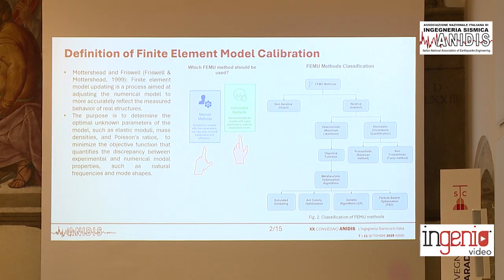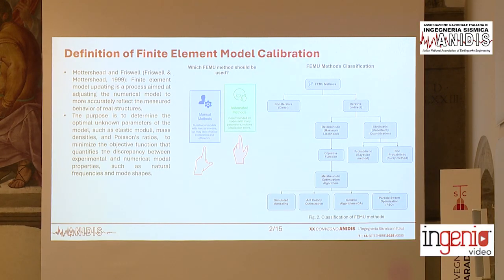In deterministic methods, the problem is defined and converted to an objective function, as I told you before, which is the quantification of the differences between the numerical model and the real structure's modal properties.